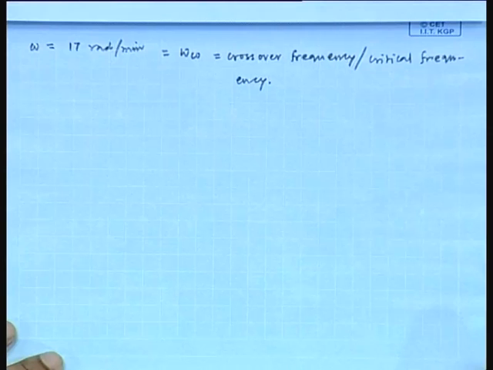The frequency which is calculated at phi equals minus 180 degree is called crossover frequency or critical frequency.